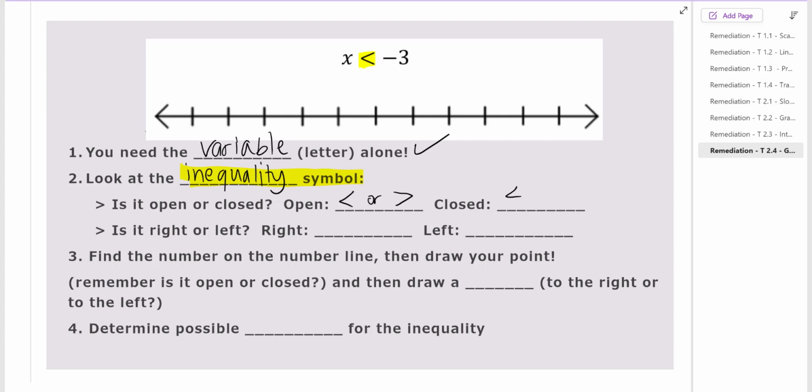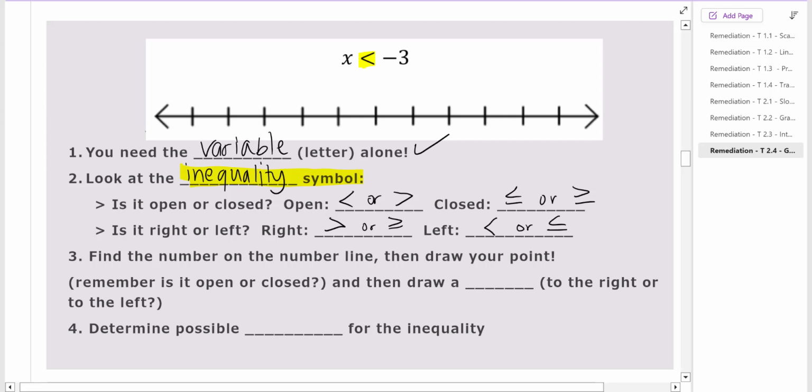Closed is less than or equal to or greater than or equal to. Okay, if it's going to the right, left. Okay, so this one is this symbol. It's open. Okay, and it's going to the left.